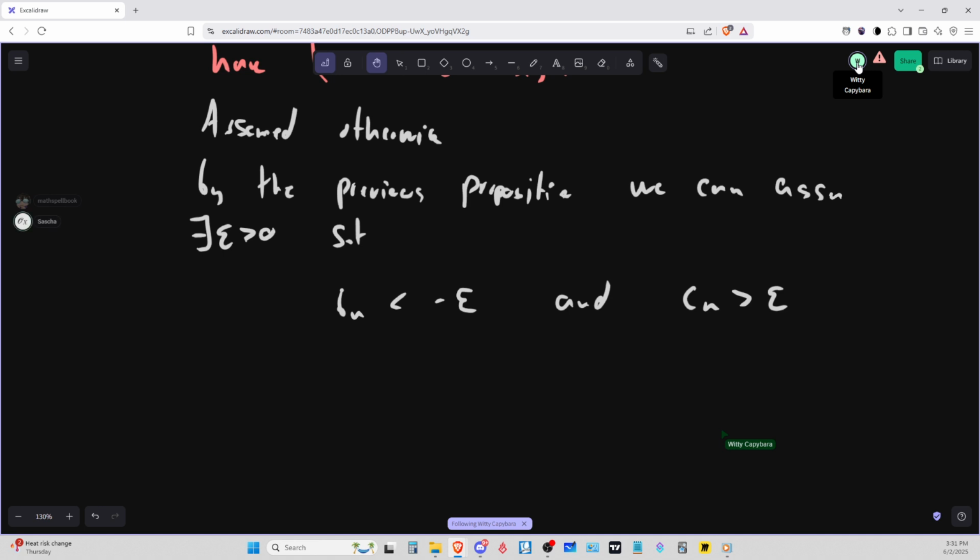And now we want the contradiction. So what we're gonna do is look at the sequence Bn minus Cn. Let's have a look at Bn minus Cn.